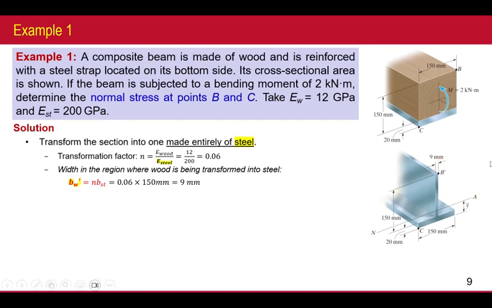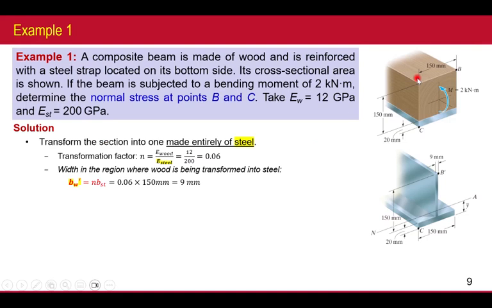As I said, we try to save room. Of course, we can use whichever is less material. Wood, 12 gigapascal. Steel, 200 gigapascal. That means we should transform wood into steel to save material. Clear?